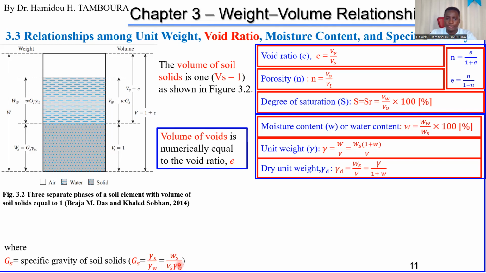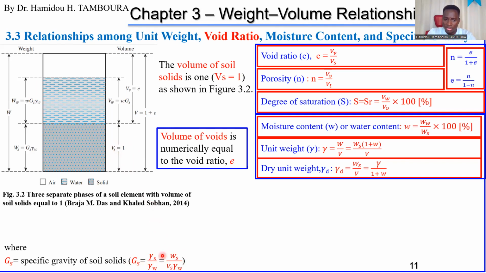And then weight of solid will be specific gravity multiplied by this Vs multiplied by gamma W. But remember that the Vs is equal to 1.